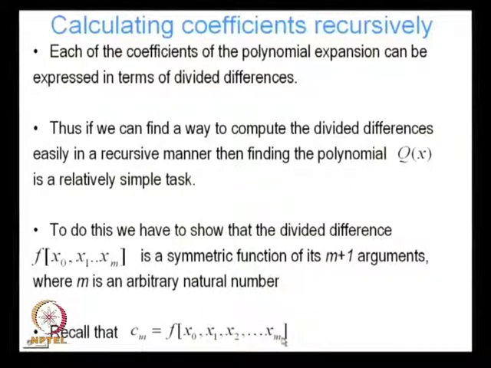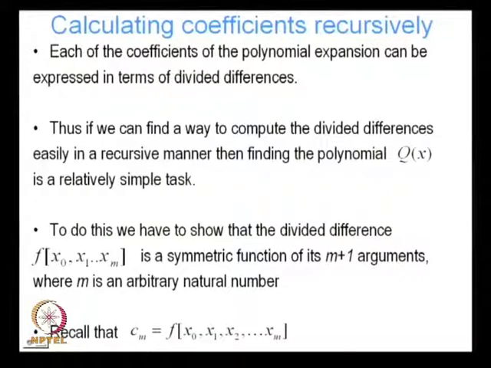right, but Cm is also equal to f of x2, x0, x1, xm, right. So, however I order those points in the divided difference operator, my coefficients are not going to change, because what is Cm? Cm is the coefficient of the term with the highest power in my polynomial expansion. My polynomial expansion is unique.